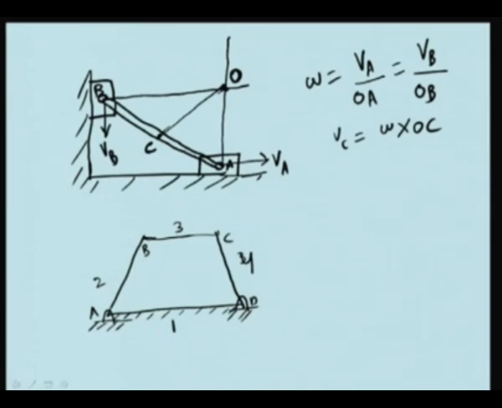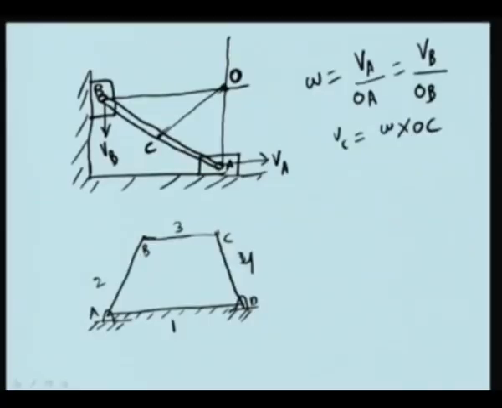This is D. Now, how do we find out the instantaneous center of rotation of link BC or link 3?